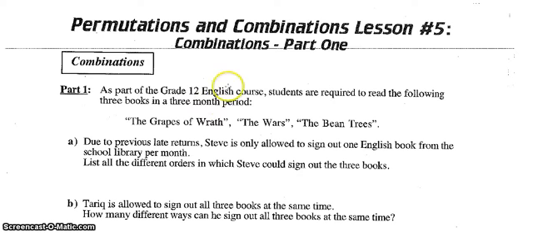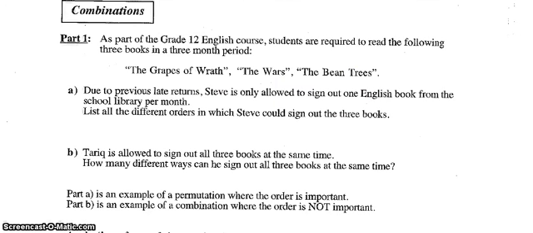As a grade 12 English course, students are required to read the following 3 books, and they can read them in any order. Steve can only sign out one English book at a time. The question is: list all the different orders Steve could sign out the books. He could sign out the Grapes, the Wall, the Beans, or he can do it this way.